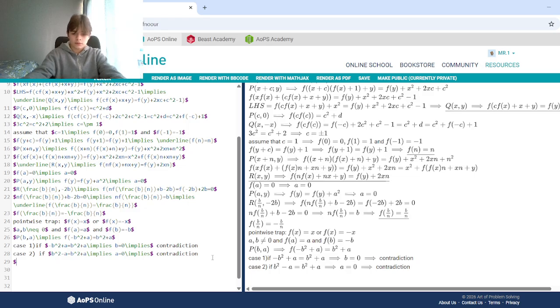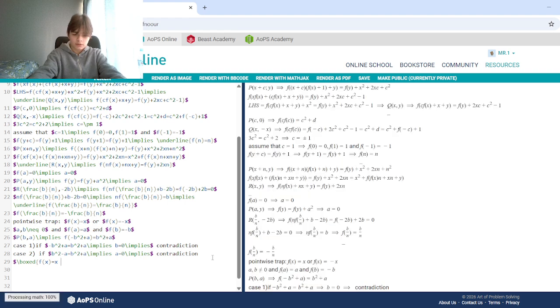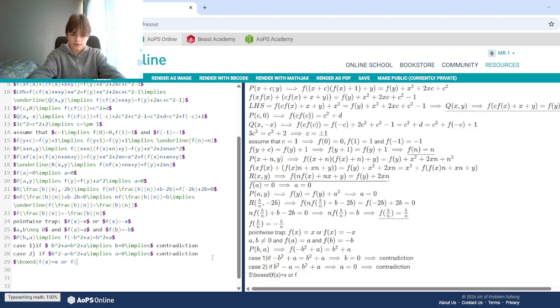So we have the answer: f(x) is equal to x or minus x.